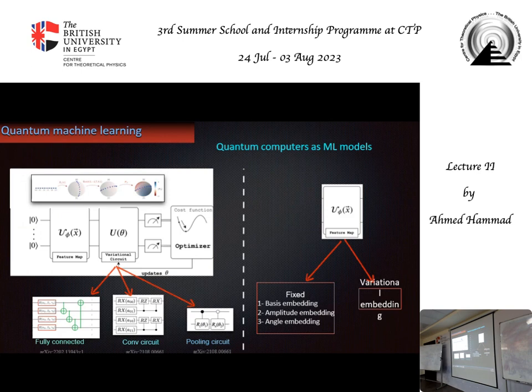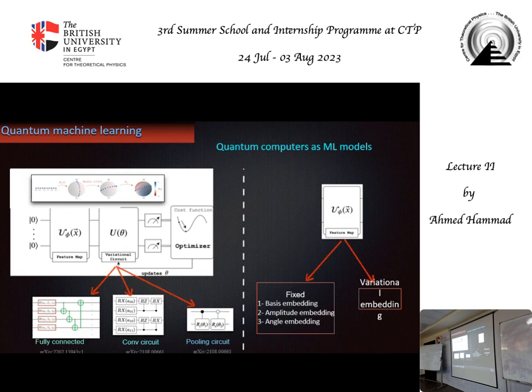Once we do this unitary operation on the data, as you can see, these unitary operations are a function of some free parameters theta, right? Those are the free parameters that we tune to approximate the function f. If you remember, the main goal of any machine learning algorithm is to approximate the function f that maps the classical data x to the domain y.